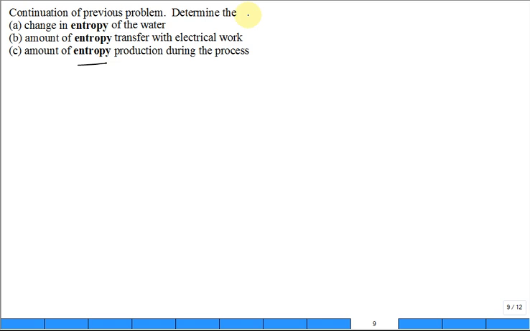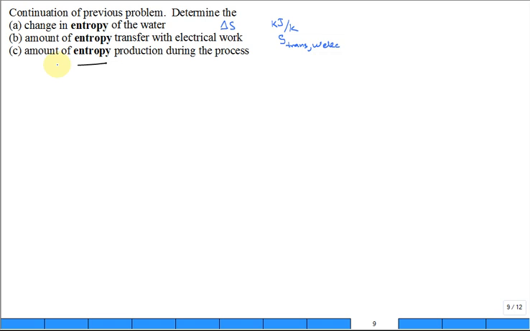All right, so first of all, we want to calculate delta S, and we know the answer has to be in kilojoules per Kelvin. True or false? For the next part, the amount of entropy transfer with the electric work, something like S trans with the work electric. You make up some symbol for what you want to calculate, right?